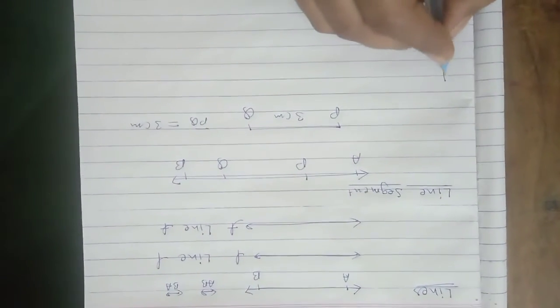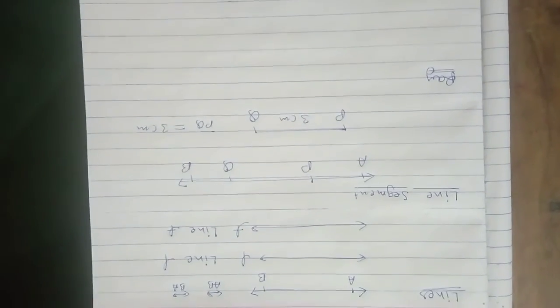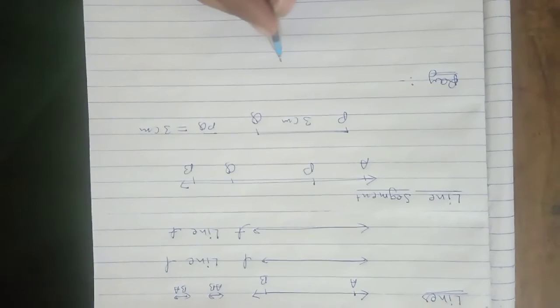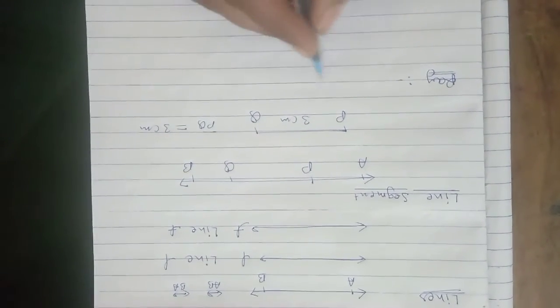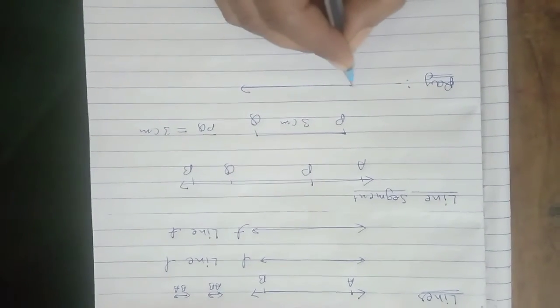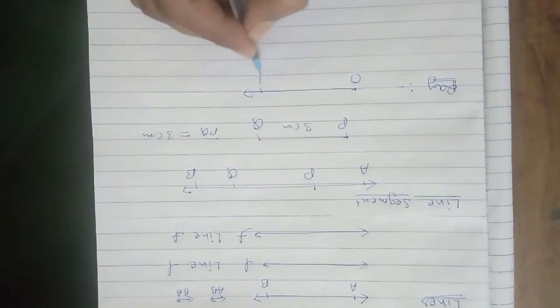Now I will take a ray. A ray goes in one direction only, which is also a part of the line, like this. The ray has one initial point, like O in ray OP.